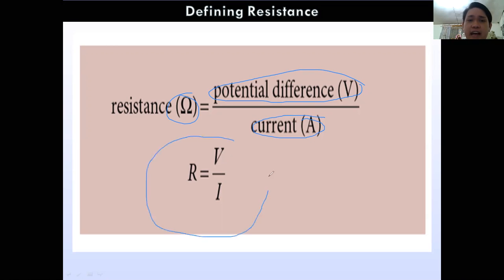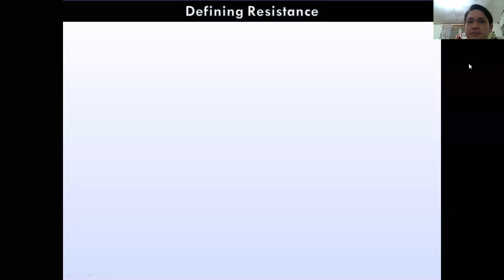Or you can have it this way: R is equal to V over I, where R refers to your resistance, measured in ohms, V is the potential difference, measured in volts, and I represents current, measured in amperes or amps. This is the formula we can use in solving resistance.